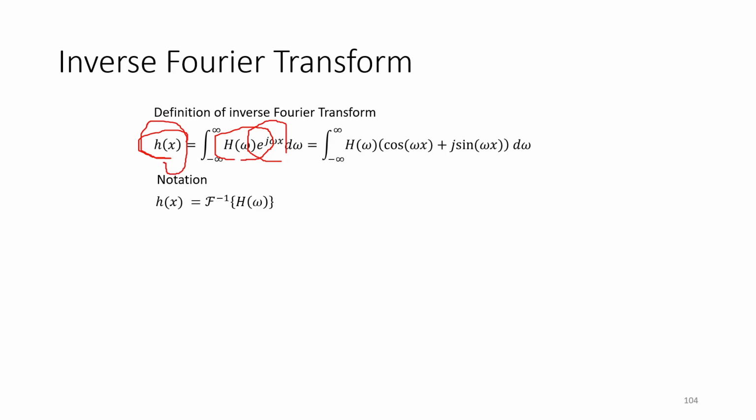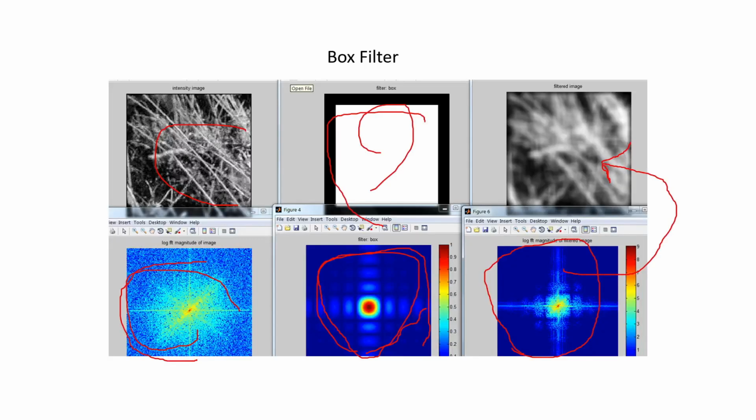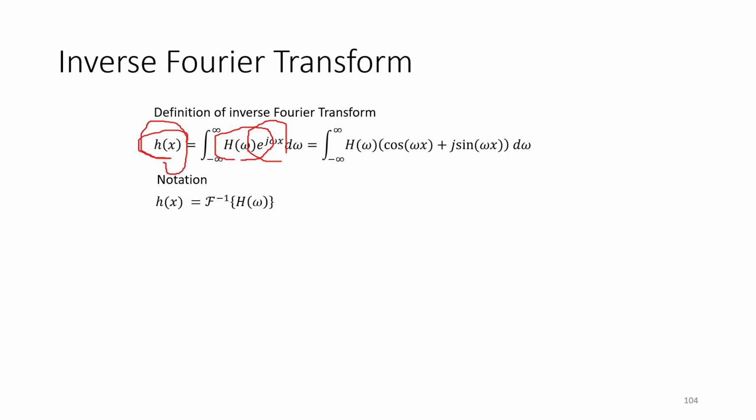However, how do we show a complex function as an image if there are imaginary numbers? When we show the image, we remove the imaginary part. We only show the real components.